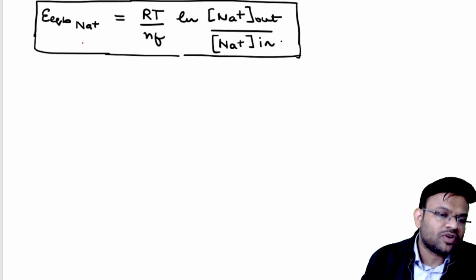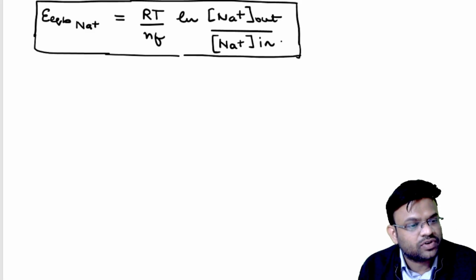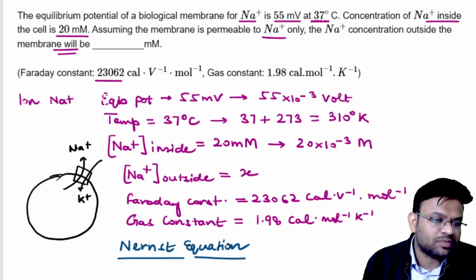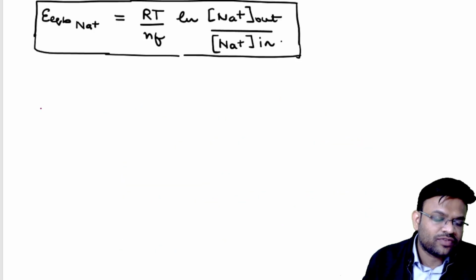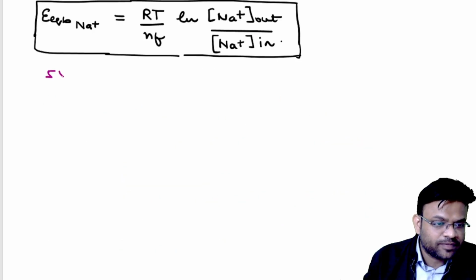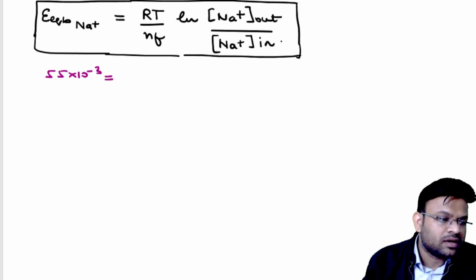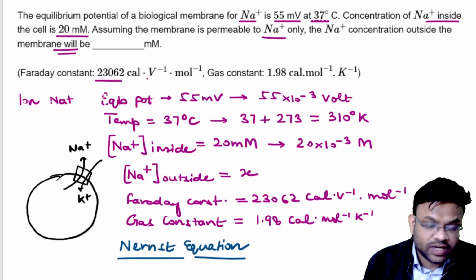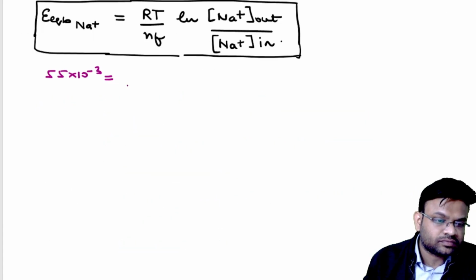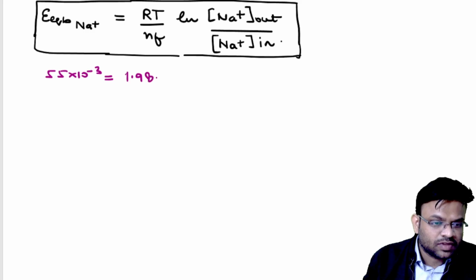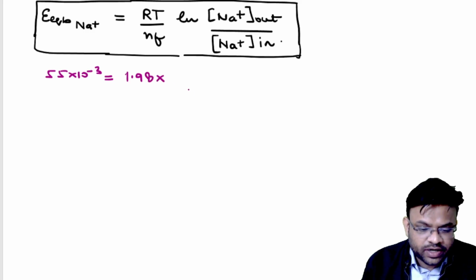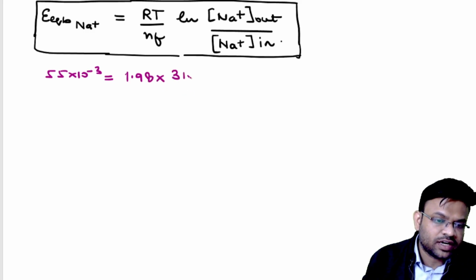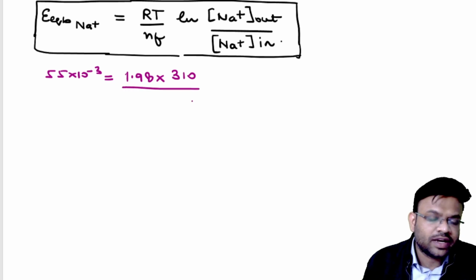The equilibrium potential of sodium ions has been given to you. Let me quickly write it down. It was 55 into 10 to the power minus 3. This value is equal to R, and the value for R was also given. It was 1.98. The value for temperature I had already written. It was equal to 310 Kelvin divided by NF.